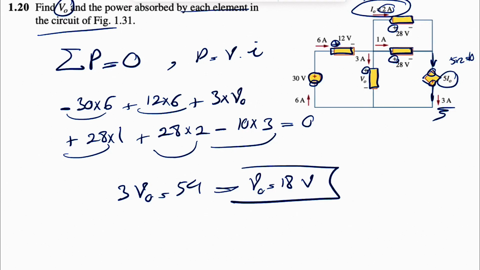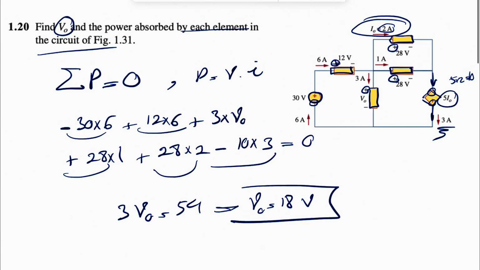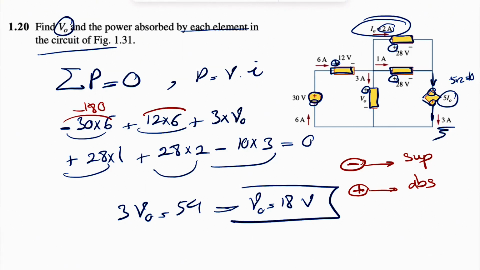So that's V0. Also, the question is asking what's the power absorbed, and we discussed in the previous video the negative sign for the power shows that it's supplied, and the positive sign shows that the power is absorbed. So here minus 180, this is supplied, 72, this is going to be absorbed.